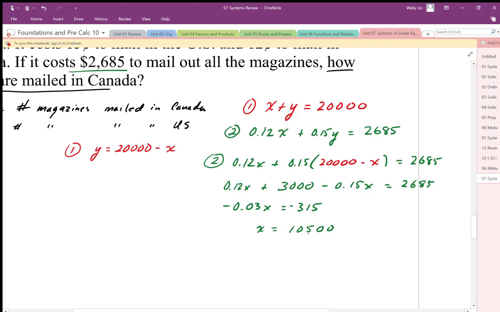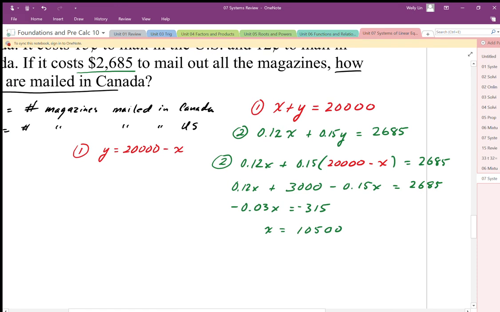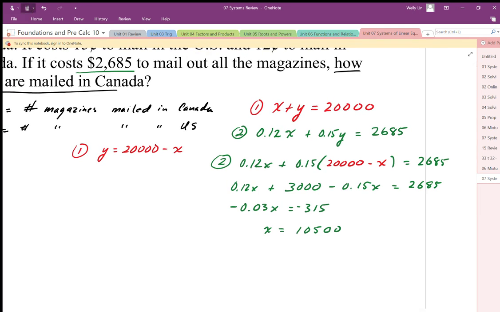So we mailed 10,500 magazines to Canada, and for the US, we subtract the amount mailed to Canada from 20,000, and the number of magazines works out to be 9,500 magazines to the US and 10,500 magazines to Canada.